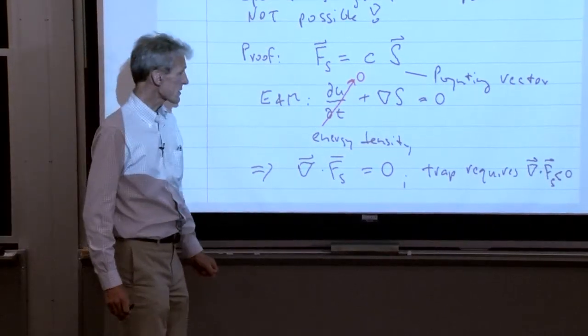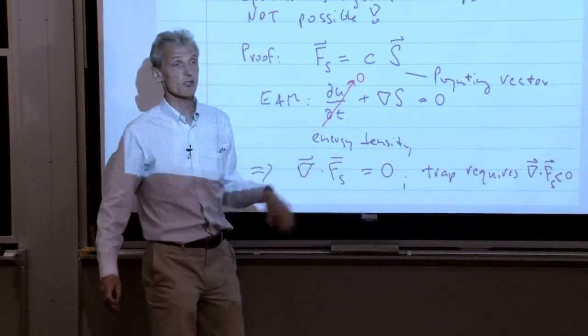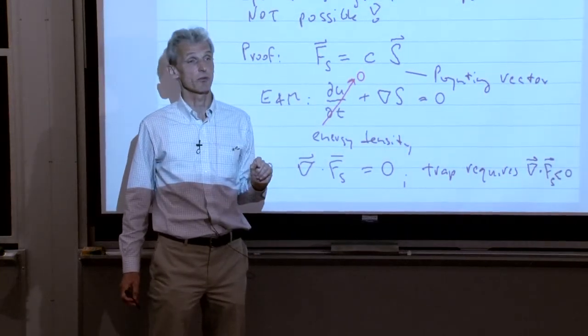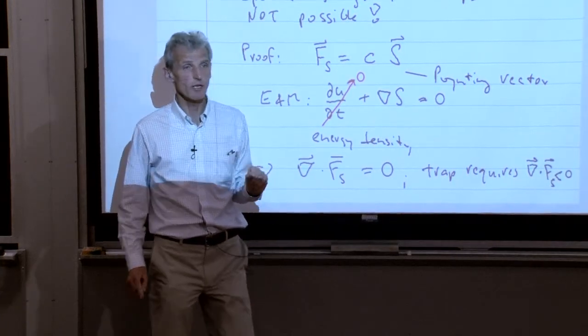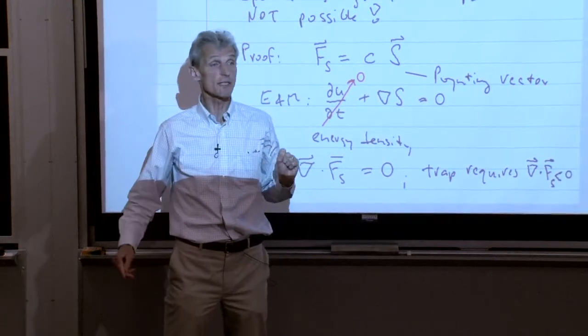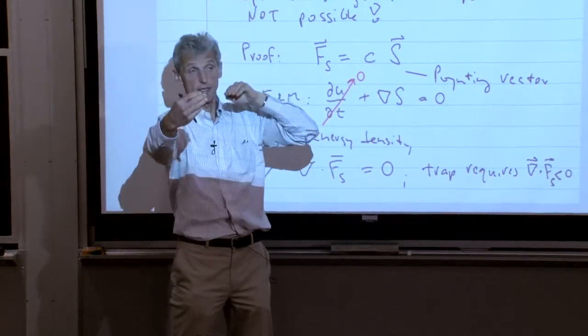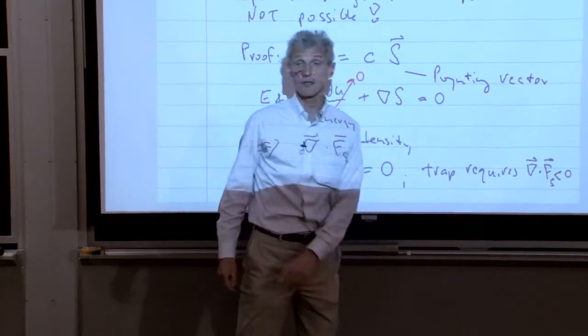Well, if the divergence of the Poynting vector is 0, that says the divergence of the spontaneous light force has to be 0. But if the divergence of the force has to be zero, that means you cannot have a force which is inward from all directions, because a trap needs a force which is inward. A trap requires a negative divergence.